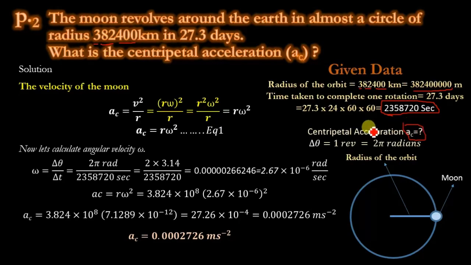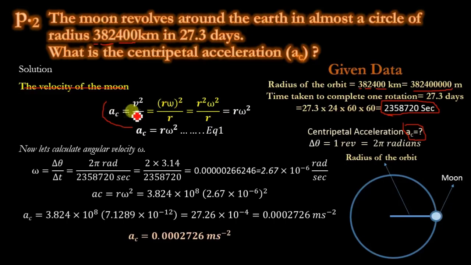We will calculate the centripetal acceleration. Let's solve this problem. The centripetal acceleration AC is given as AC is equal to v square divided by r, where v is the linear velocity and the linear velocity is equal to r omega, where r is the radius and omega is the angular velocity.